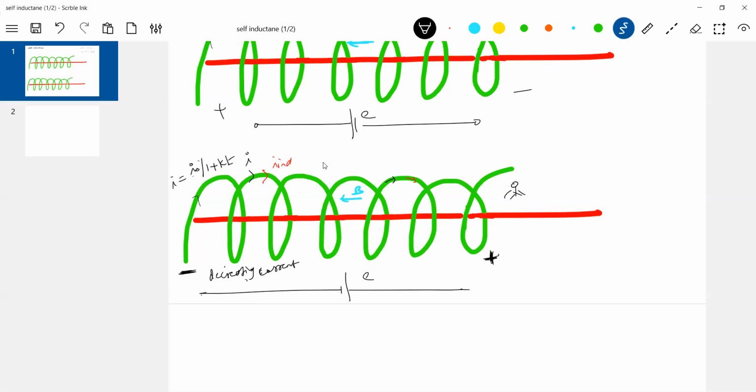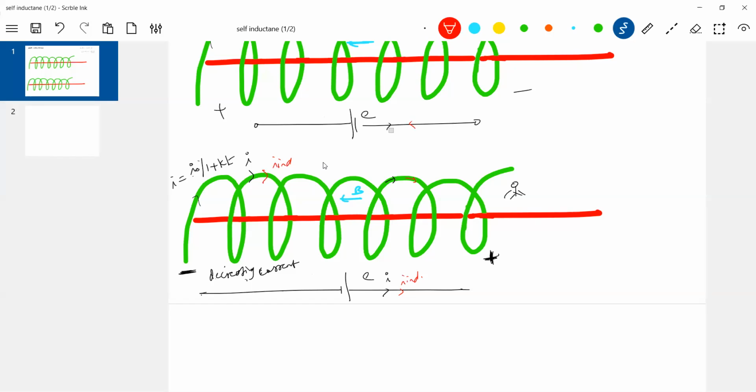Now decreasing. So what about the actual current? The actual current is flowing like this, and the induced current will flow in this direction.